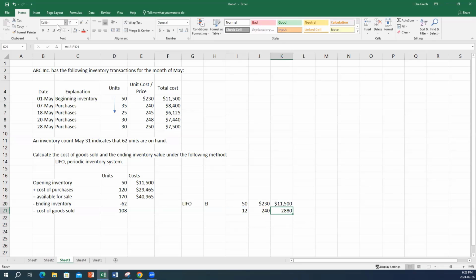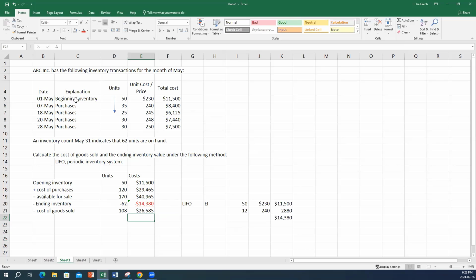And when I add these two amounts together, that is going to be equal to the ending inventory. So if I put the ending inventory in here, 14,380, and I do my math, the value of the cost of goods sold is 26,585. So I've got the cost of goods sold, 108 units, 26,585, and I also have the ending inventory.